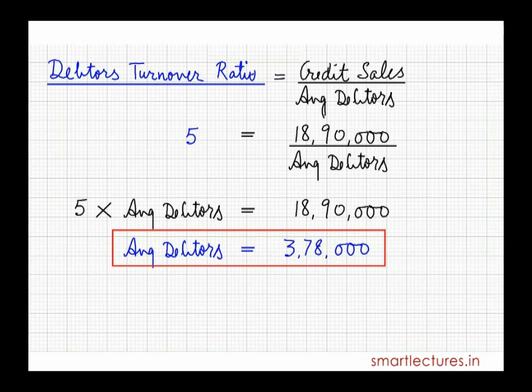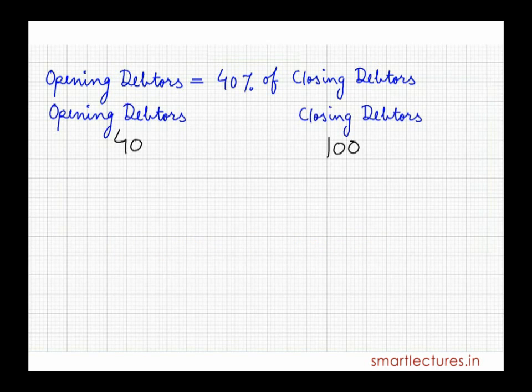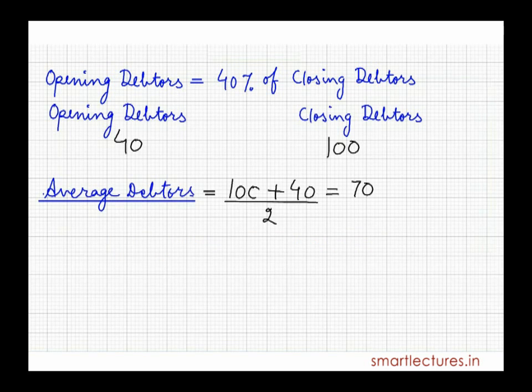But our opening debtors are 40% of closing debtors. Suppose closing debtors are 100 rupees, so opening debtors will be 40 rupees. So in that situation, the average debtors will be 100 plus 40 upon 2, that is 70 rupees. It means if average debtors are 70 rupees, then closing debtors are 100 rupees.